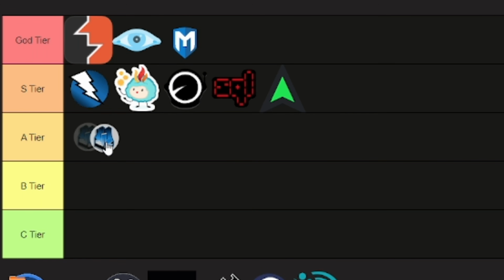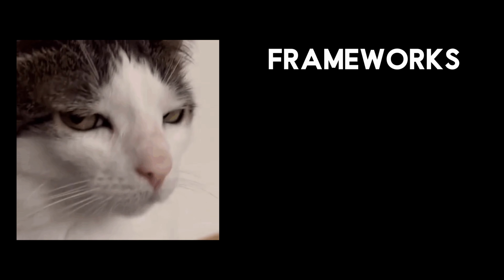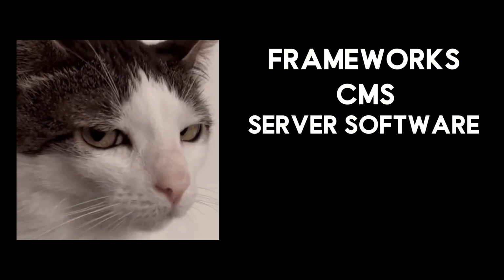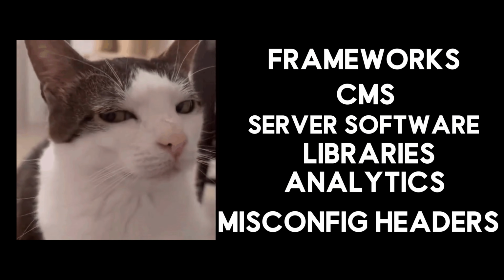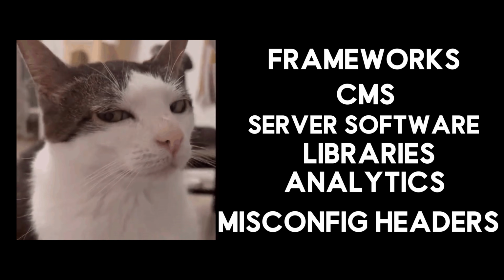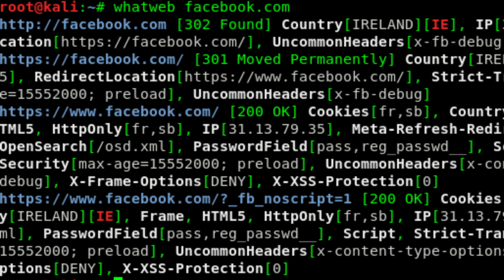WhatWeb is the quiet recon tool that tells you what you're really attacking before you touch a single payload. Instead of guessing, it fingerprints a web application's DNA. Frameworks, CMS, server software, libraries, analytics, and sometimes even misconfigured headers that leak internal details. This matters because web hacking is about precision, not noise.